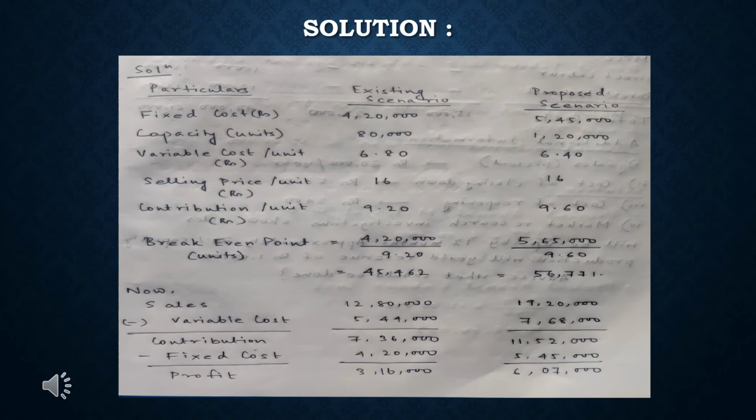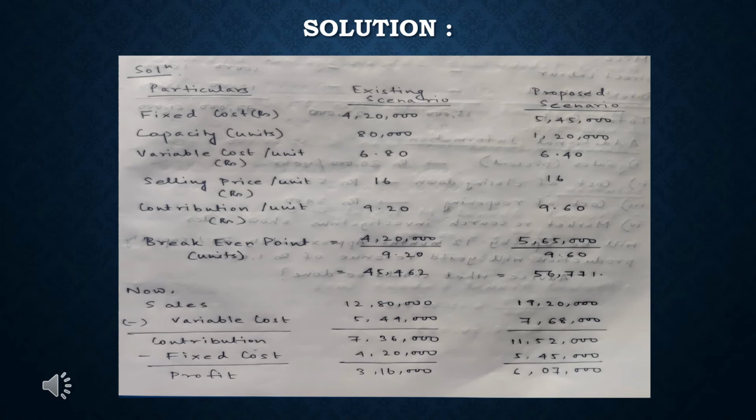than the existing scenario. But class, here lies one particular dilemma. If you look at the break-even point, the existing scenario is achieving the break-even point earlier than the proposed scenario. We know that the earlier you reach the break-even point, the better it is for the organization.